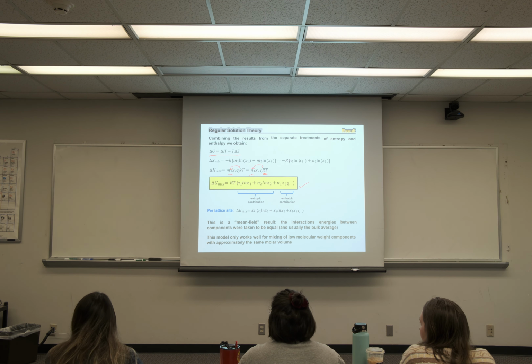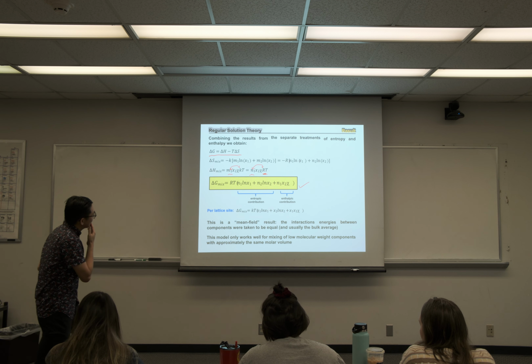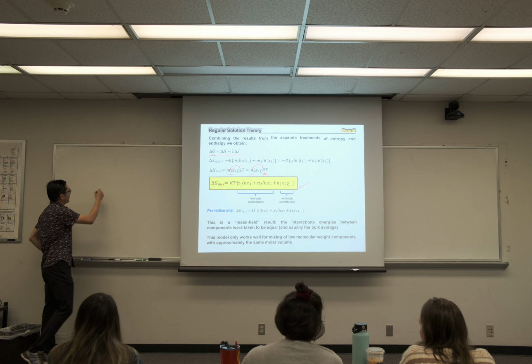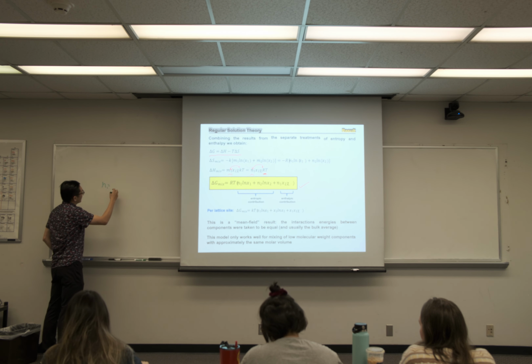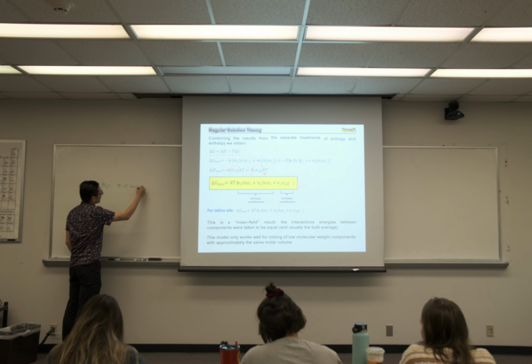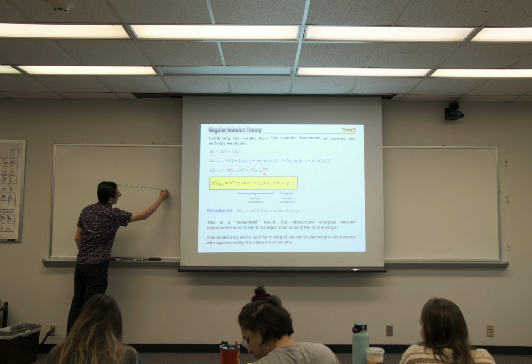Could you repeat how we move to the per lattice site equation? Sure. What was N1 equal to again? Good question, Chris. N1 is the number of moles of molecule one.